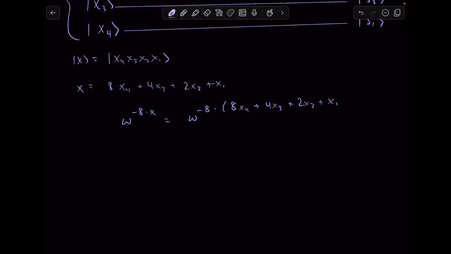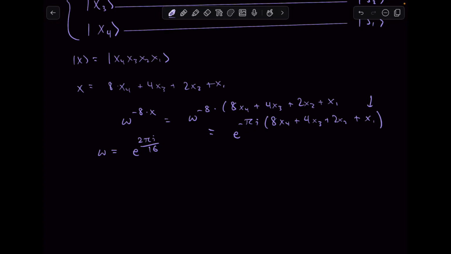And then recalling that the root of unity here is e to the 2 pi I over 16, we get that this thing is e to the negative pi I times this value of X. And I'm arguing that we only really care about this value.